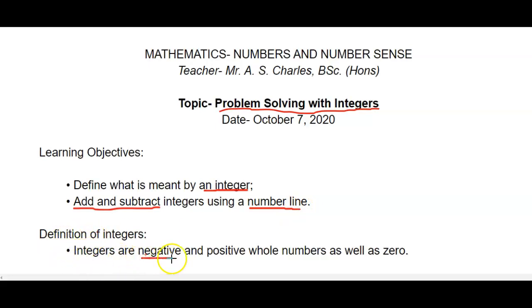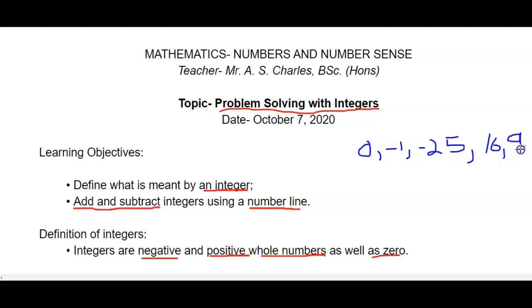Now, definition of integers. Integers are negative and positive whole numbers, as well as zero. So a few quick examples would be zero, because zero is an integer, -1, -25, then you may have 16, 9.